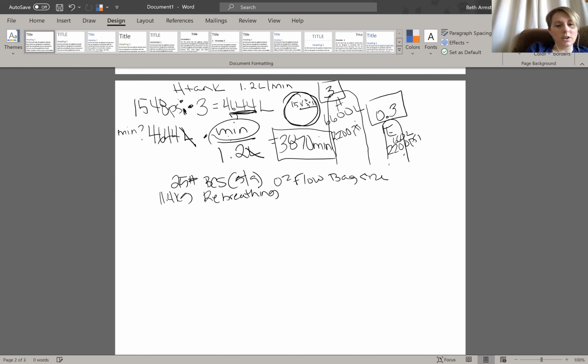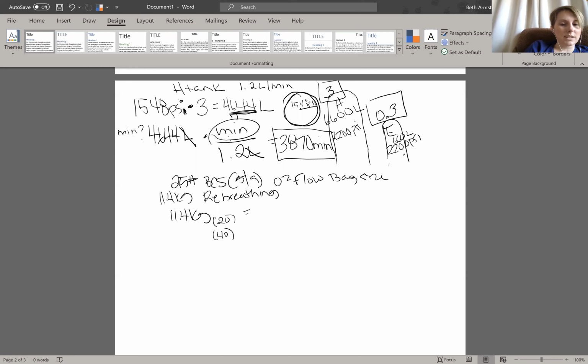Great. So what's our formula for rebreathing? Is it 20 to 40? Good, 20 to 40 mils per kg. So we'll have 11.4 kilograms, right? And then we'll do our 20 to 40 mils.